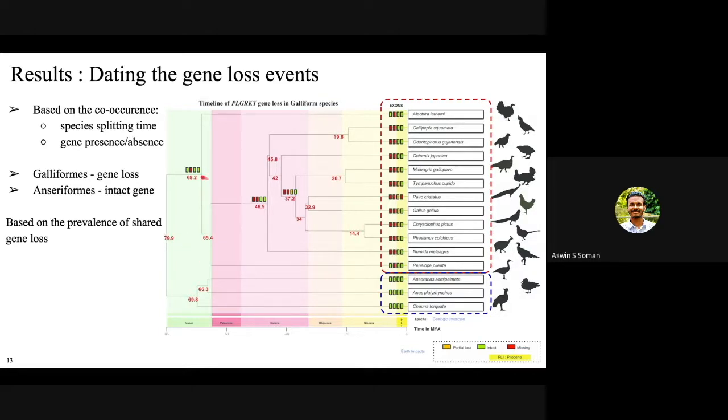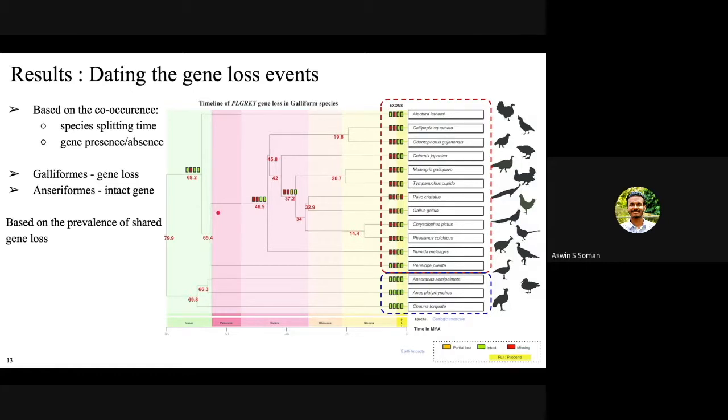It occurred before the branching of the first species, which suggests that this event must have happened sometime between 80 and 68 million years ago.